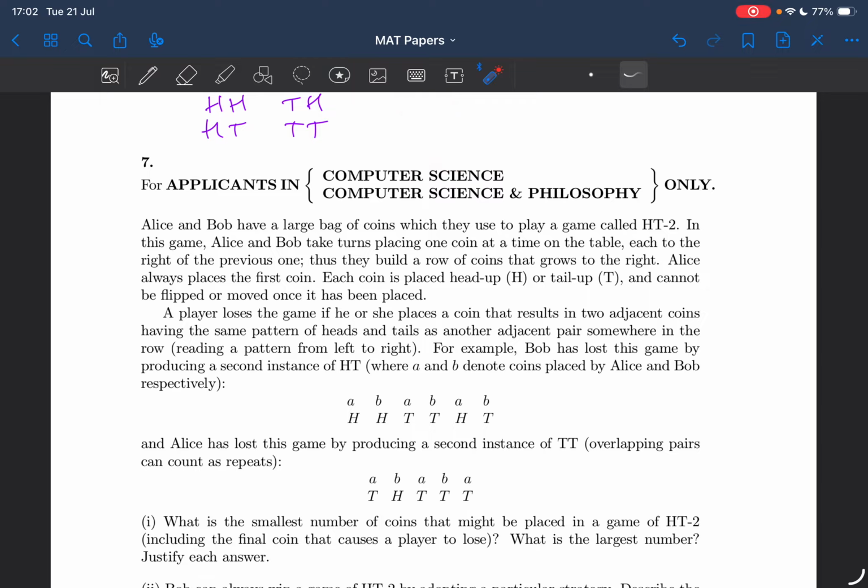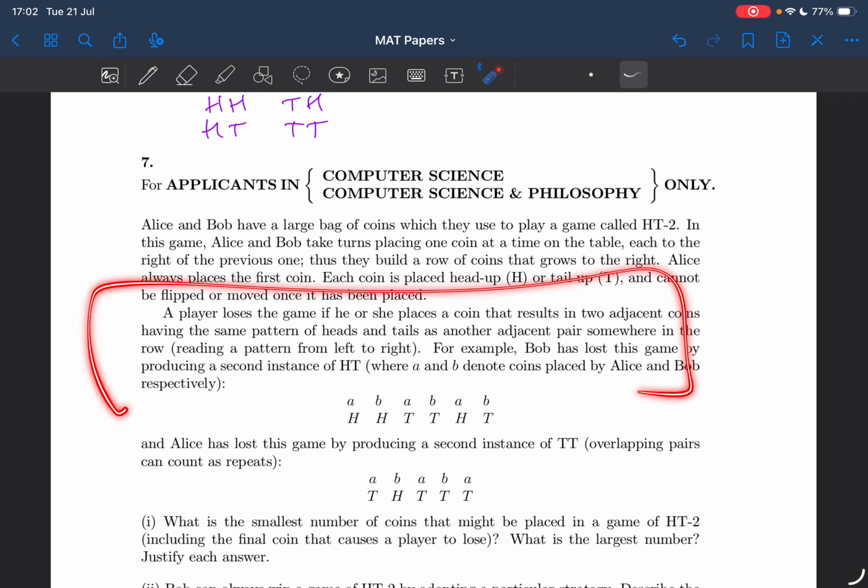It must be different. How long this game can last isn't very long, because there's only four possibilities. The second coin introduces the first possibility, the third the next one, the fourth the next one. So we can only possibly have five in this sequence. If you play the sixth coin, you will definitely lose the game.